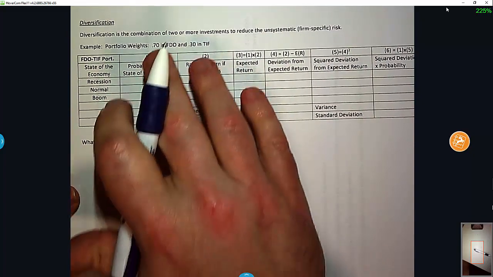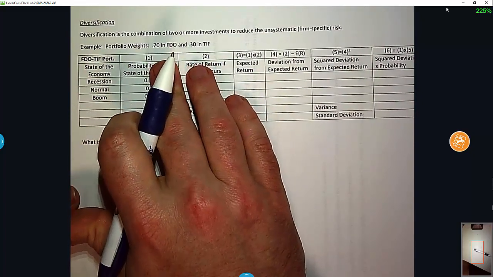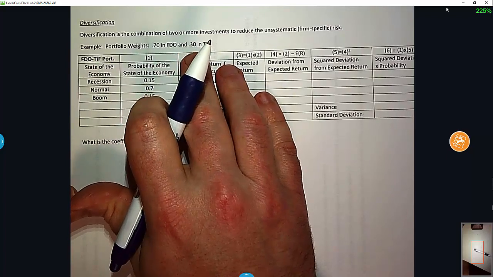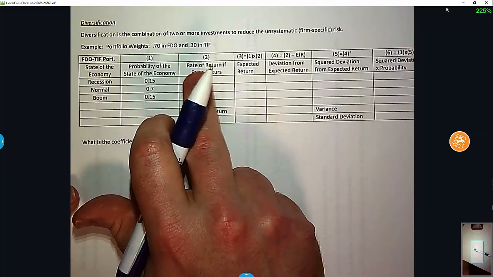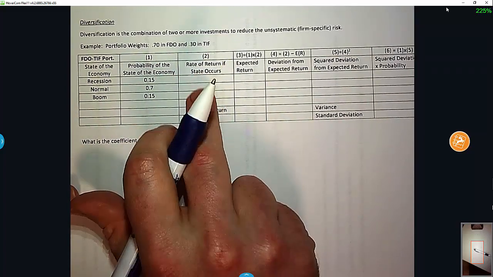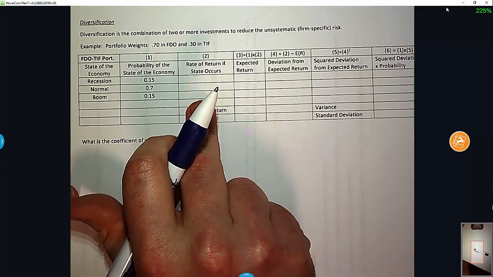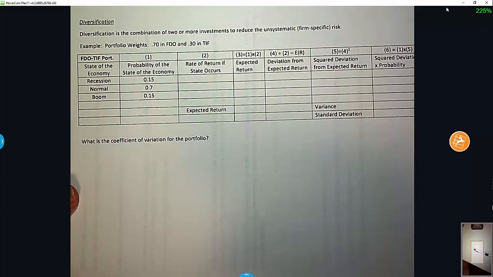To create the portfolios, we're going to say we put 70% of our investment into Family Dollar and 30% into Tiffany. And what we need to do then is calculate the rate of return. So these numbers that I gave you before, we're going to calculate for Family Dollar and for Tiffany based on the weights and the values for each of the stocks for each state of the economy.